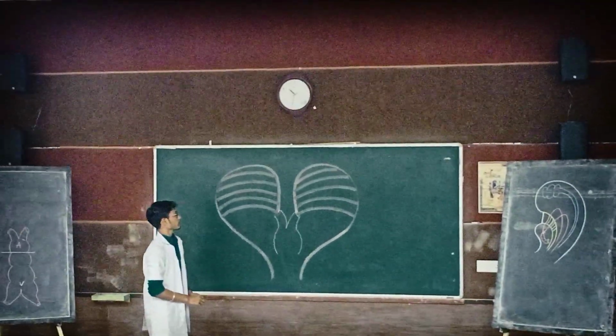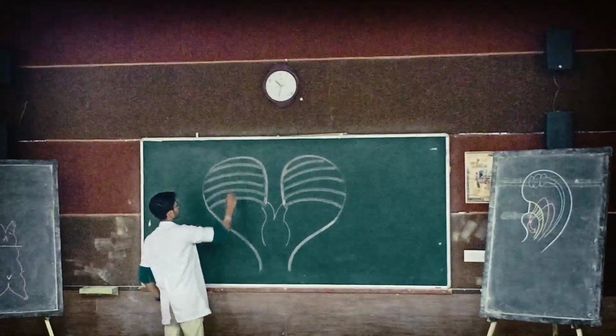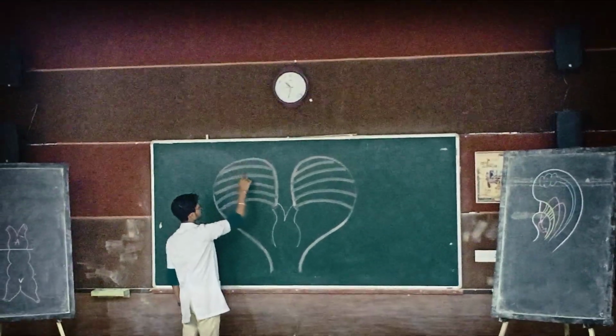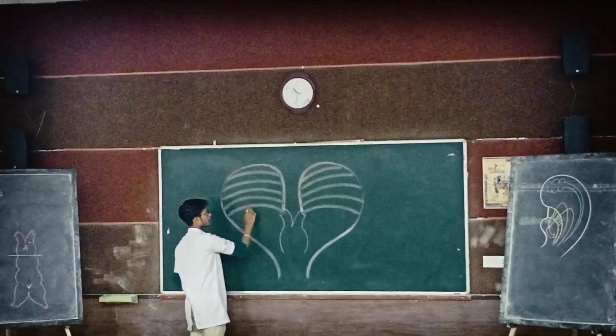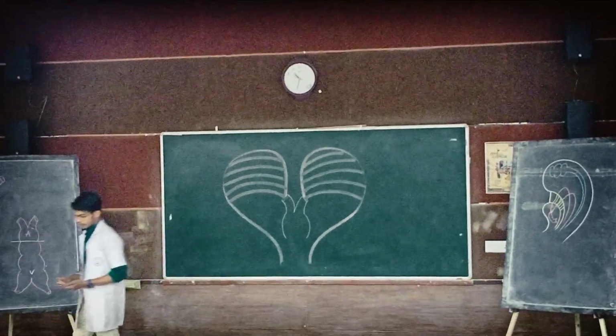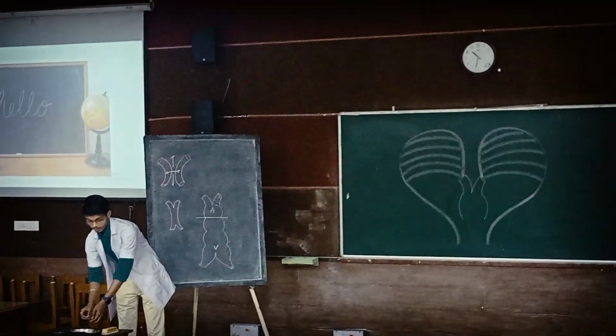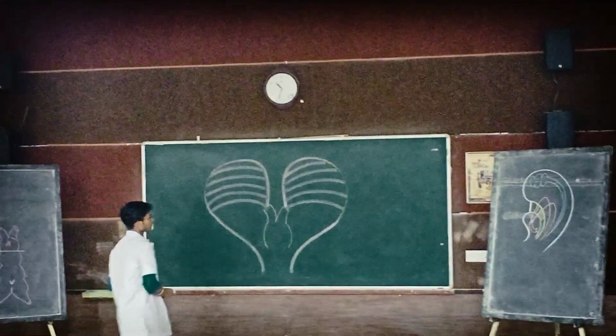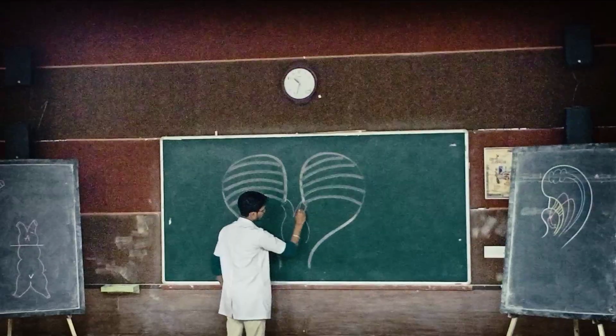These are the 6 pairs of arch arteries, which are respectively 1st, 2nd, 3rd, 4th, 5th and 6th. Now without wasting any time, let's come to the development of the arch of aorta. So the arch of aorta basically develops from this part.